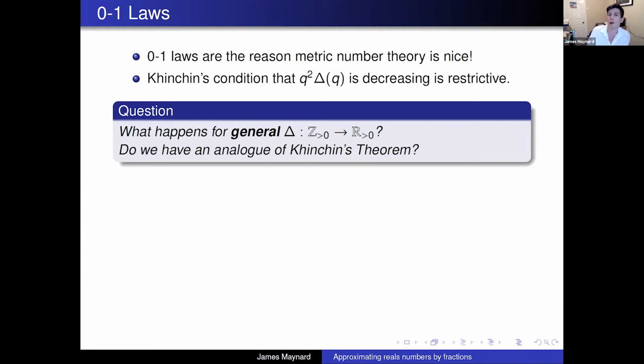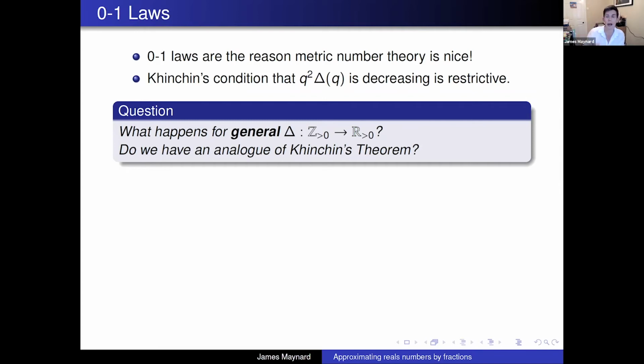However, there's one problem with Hinchin's theorem, that it does have this condition that q squared delta q is decreasing. And so, for example, that can't say anything about the case of denominators coming from particular subsets, because as soon as delta q is 0 for some number, that means delta q would have to be 0 for all greater values of q.